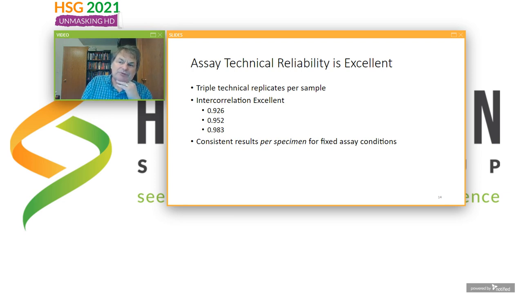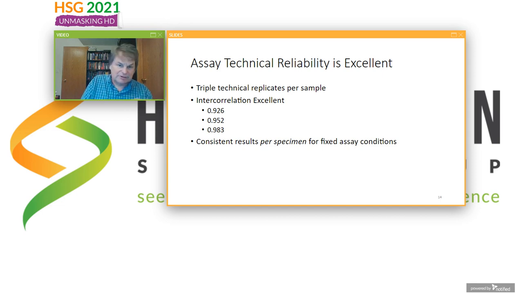Well, the first thing we typically look at when we're trying to evaluate the quantitative technical properties of an assay is what's called technical replicate intercorrelation, or reliability. The plots on the previous page were actually the means of 3 repeated measurements of each sample.